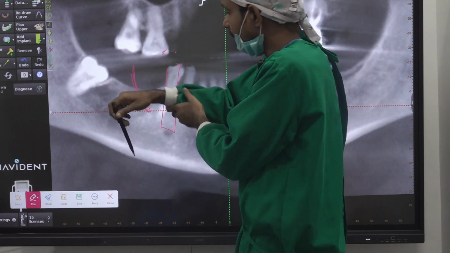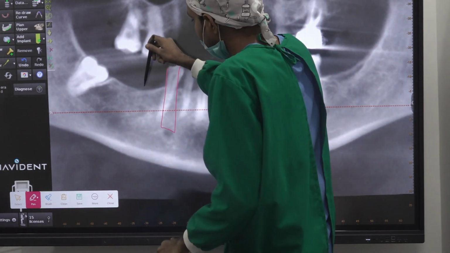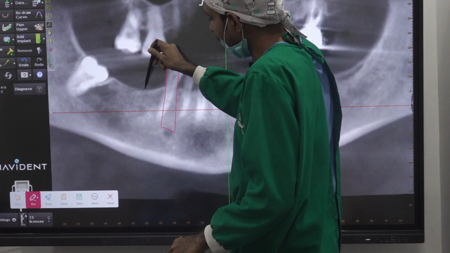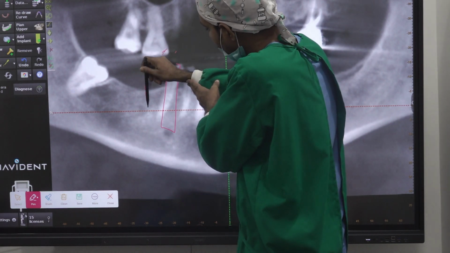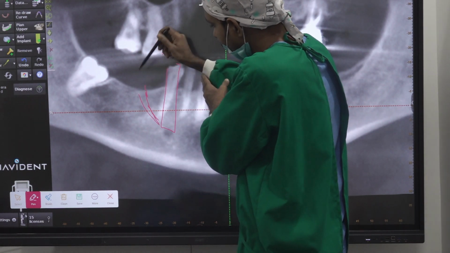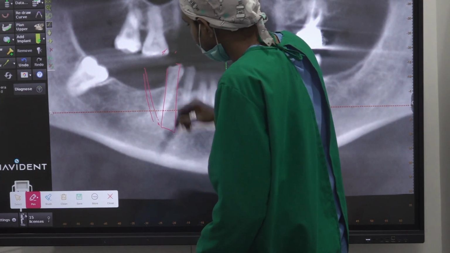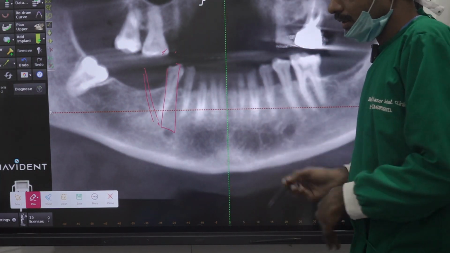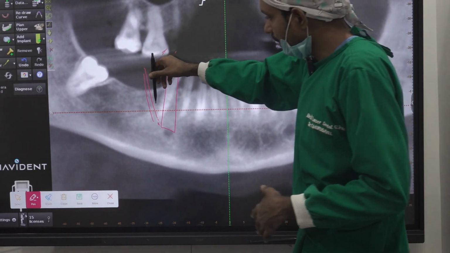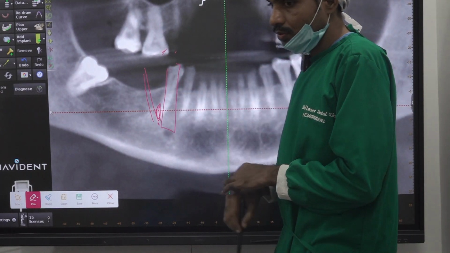This wrist movement will be there. So they will start here, and when we are going deeper, it makes a curve. So the final product will be like this implant. You can see many x-rays like that. The mesial implant of 6 will be close to the root.